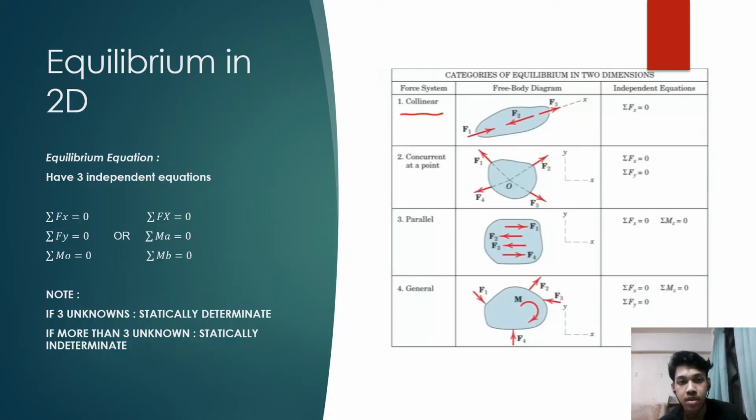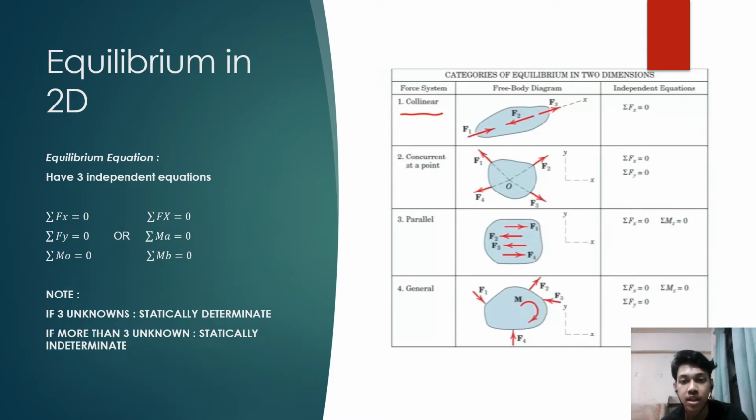For equilibrium in 2D, we have 4 types: collinear, concurrent, parallel, and general. For collinear, the line of action is straight, linear, and the independent equation is the summation of Fx equal to 0.